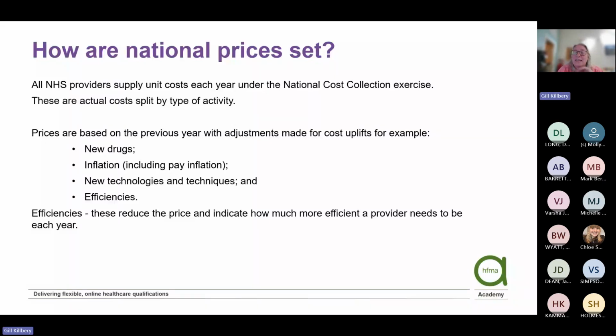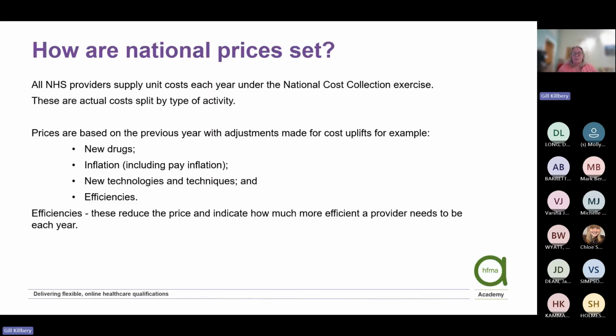Prices set using this data are an average. That means there'll be winners and losers. It's important that provider submissions are as accurate as possible, otherwise it can really derail the process, make it not worth the paper it's written on. So the more accurate costings can be, the more reasonable prices can end up as.